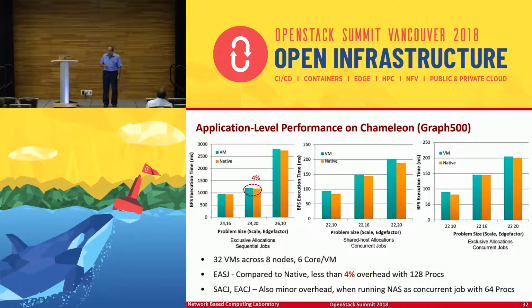So we tried to evaluate 3 different things: exclusive allocation with sequential jobs, shared host allocation with concurrent jobs, and exclusive allocation with concurrent jobs. Many of you might know that these days the number of cores is increasing, so sometimes on the same node you don't run exclusively one job, and multiple jobs can share. That is what we are trying to say, to study the benefits here.